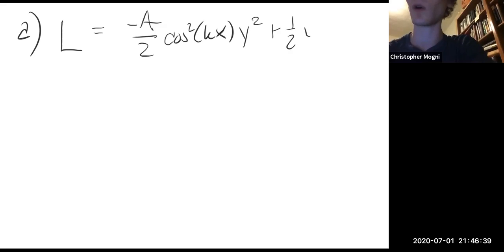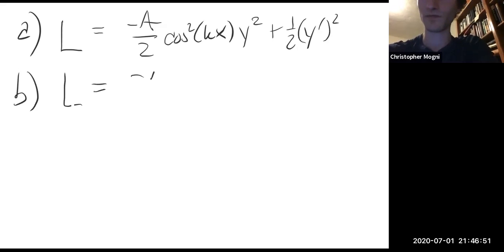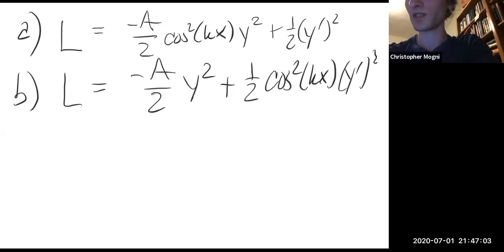What I want to study is this and see what the Euler-Lagrange equations are, what we should expect, and contrast it with studying this, where we move the x dependence over to the other term. Here, just to be clear, a is going to be a constant. k is going to have dimension of inverse x.